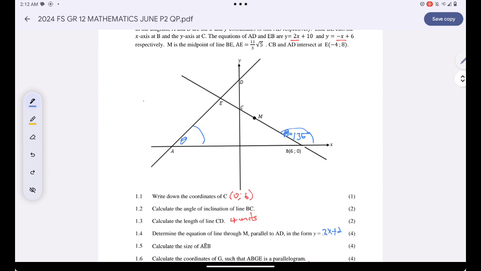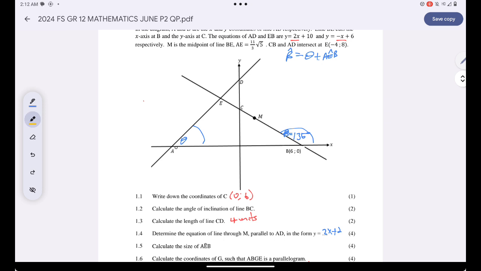Please note that beta is always theta plus angle AEB. Why am I saying that?